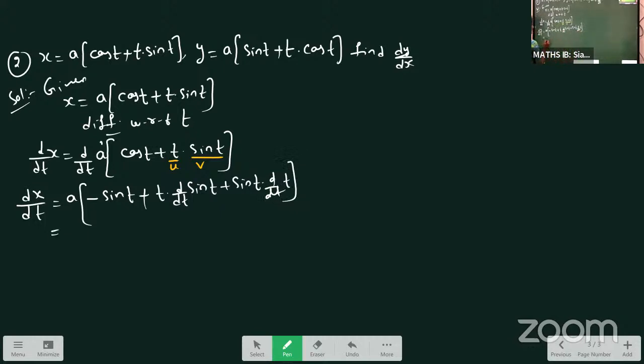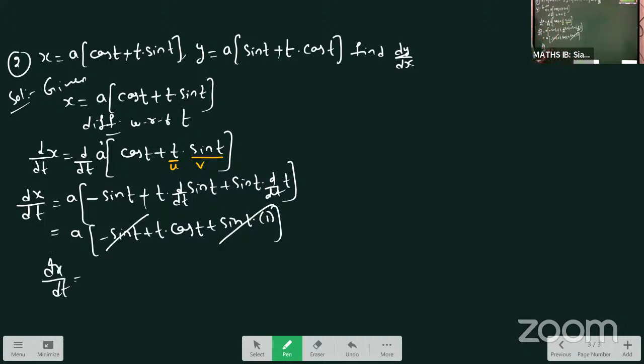So here a into minus sin t plus t into derivative of sin t, which is cos t, plus sin t into derivative of t, which is 1. So sin t and minus sin t get cancelled. The dx by dt value we got is a t cos t. Keep it aside.